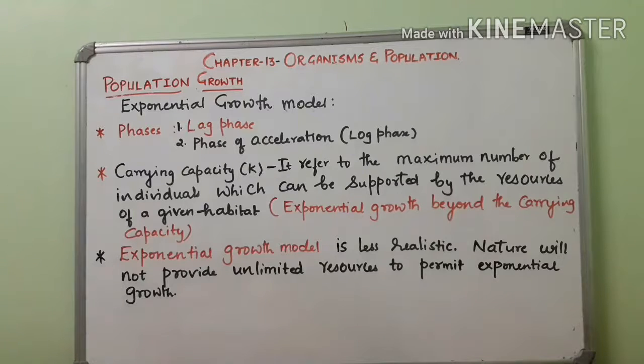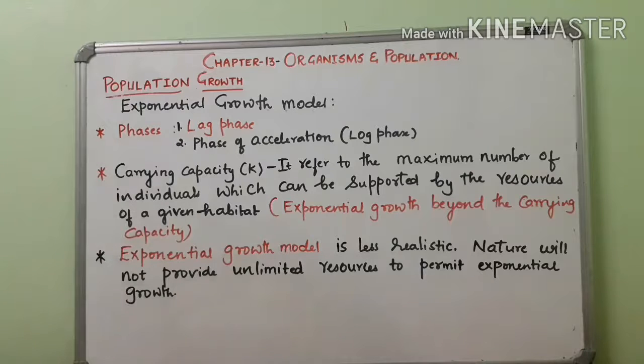Next, nature will not provide unlimited resources to permit exponential growth, because there are environmental hazards and natural calamities: earthquakes, cyclones, famines and floods. In our surroundings we see many plants destroyed due to floods and heavy rainfall, so the population does not always increase.